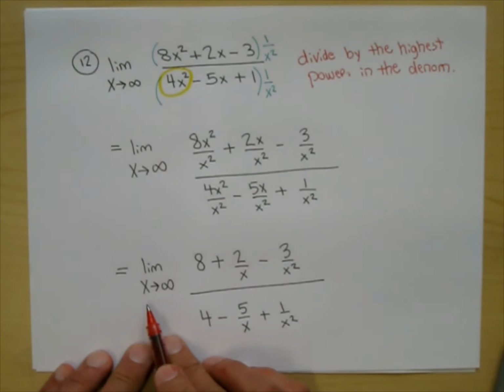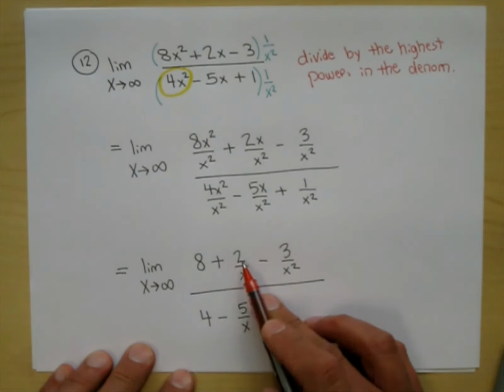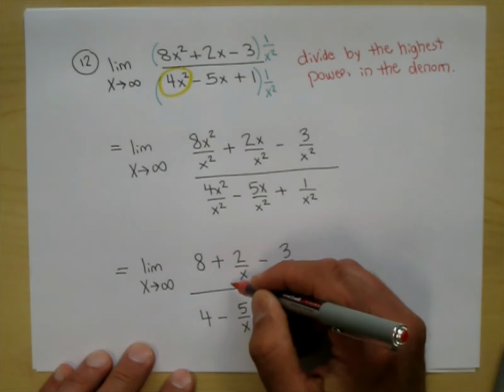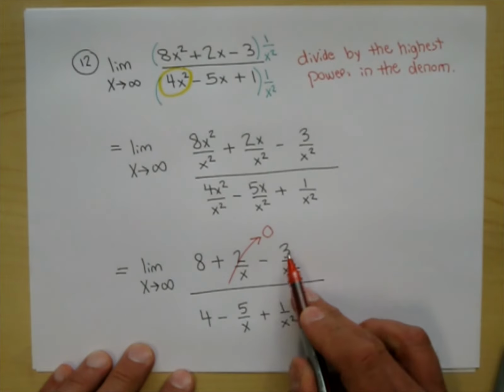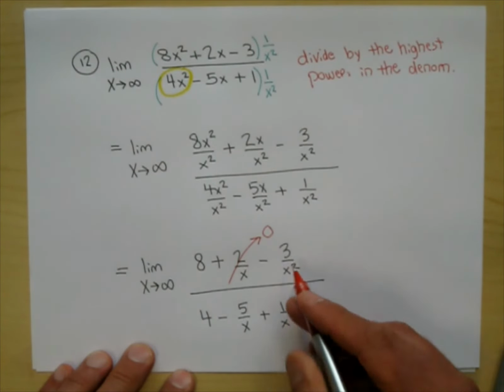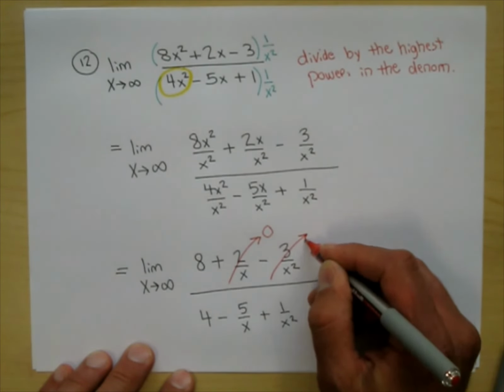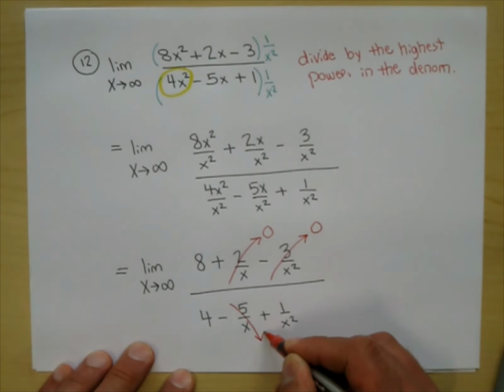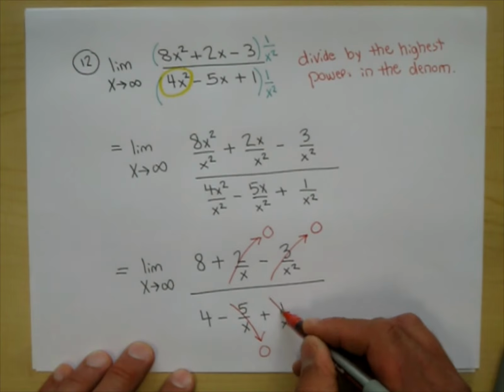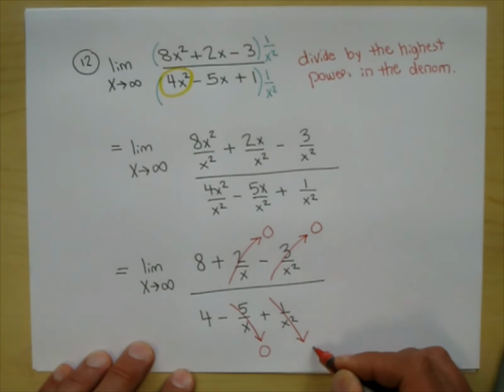Now, as x approaches infinity, this is 2 over infinity. That's going to go to 0. 3 over infinity squared, or 3 over infinity, that's going to tend to go to 0. So all these guys, like 5 over infinity is 0. 1 over infinity squared, or 1 over infinity, is 0.